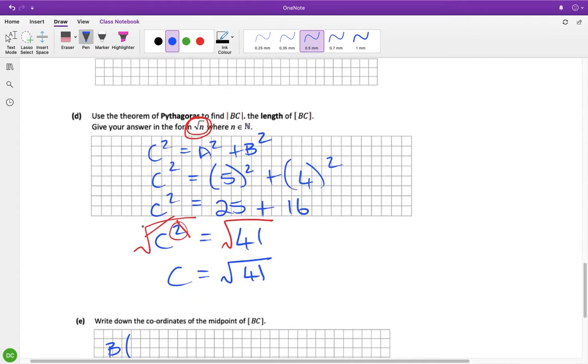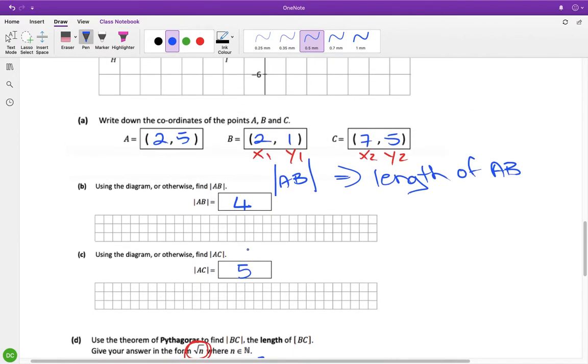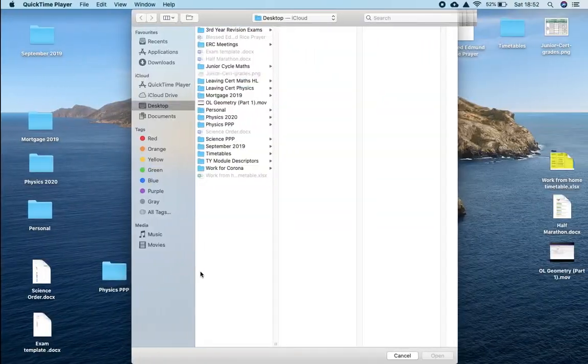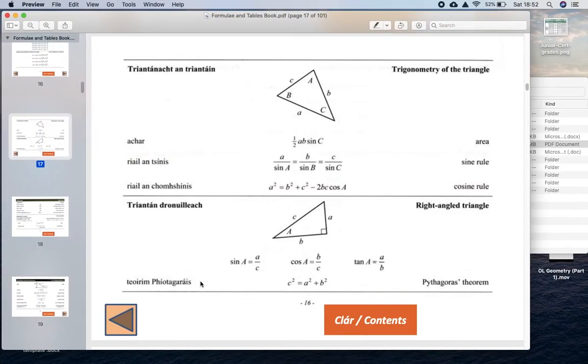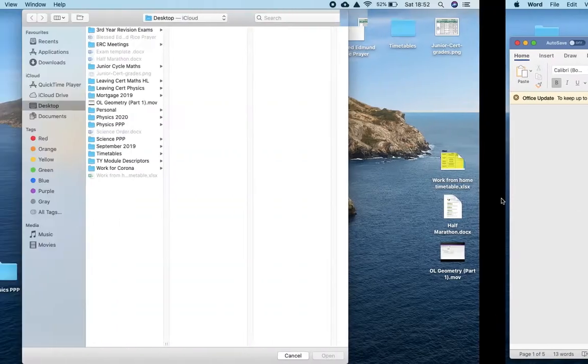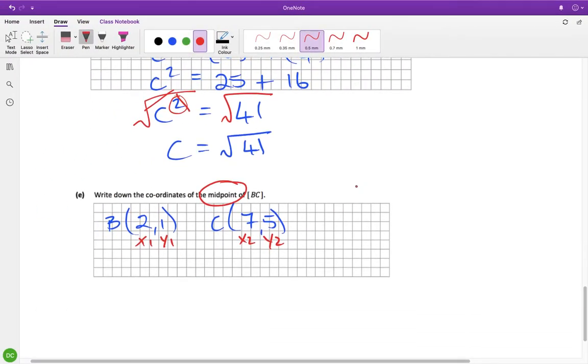B is 2, 1, and C is 7, 5. And this is x1, y1, x2, y2, and we're looking for midpoint, so I'm going to go back over here, and there it is there. So I'm on page 18 of my table book. There is the formula for midpoint, so I'm going to take that, and we'll use it.